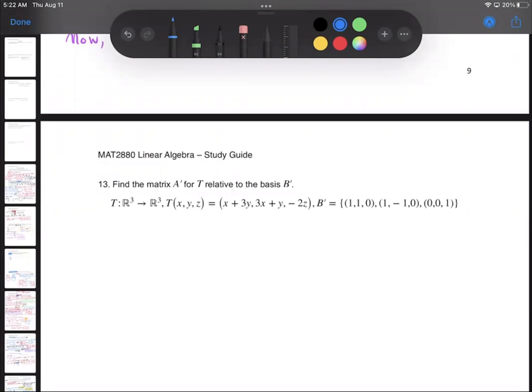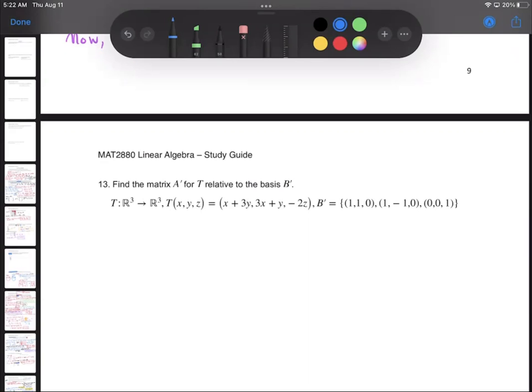Because we have the standard basis vector. So this one right here is the matrix A, standard to standard.